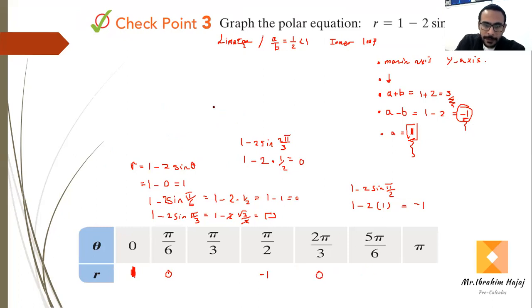And then 5 pi over 6. What's the answer, guys? 1 minus 2 sine 5 pi over 6. Where is 5 pi over 6?